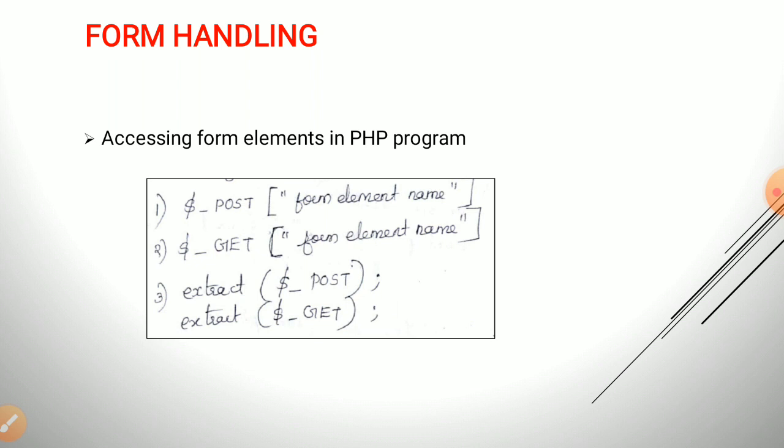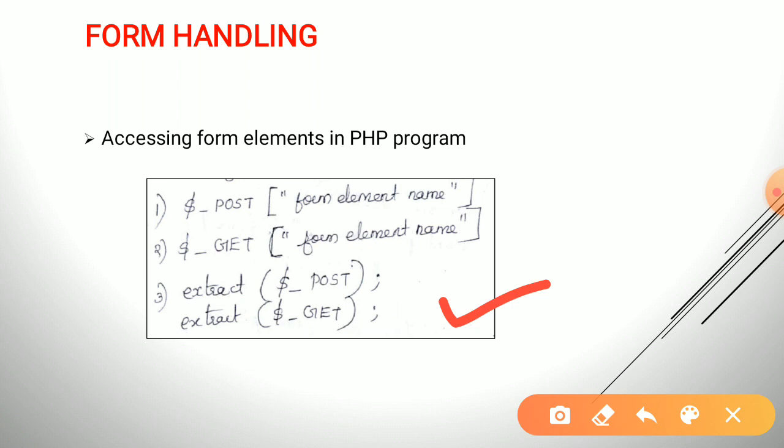Then the second method is we can use the extract function, extract($_POST) or extract($_GET). We know that $_POST and $_GET are global arrays, so they contain the data posted by the client.